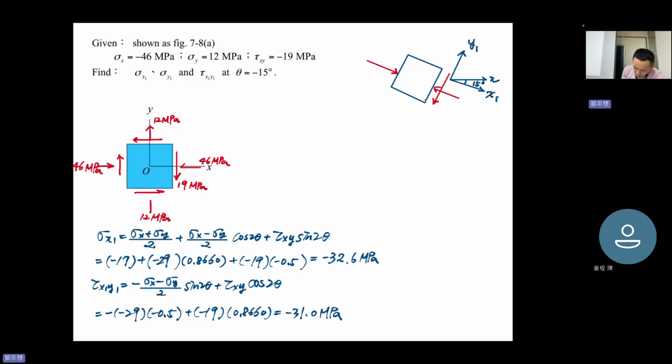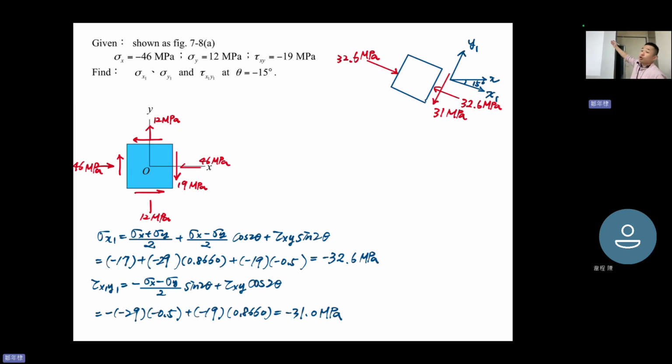So sigma x is 32.6 megapascal, and you see that I don't have minus 32.6. I just write down 32.6 because we know the direction. Okay, and shear is 31 megapascal. All right, and the opposite side also have 32.6 megapascal.